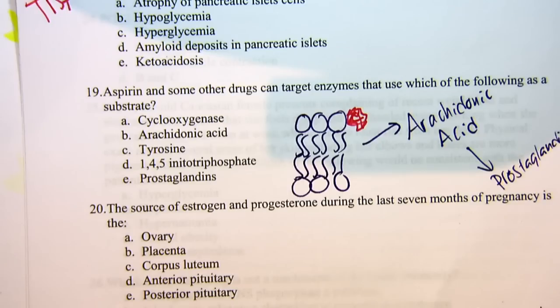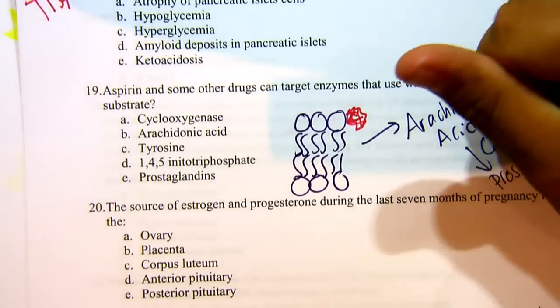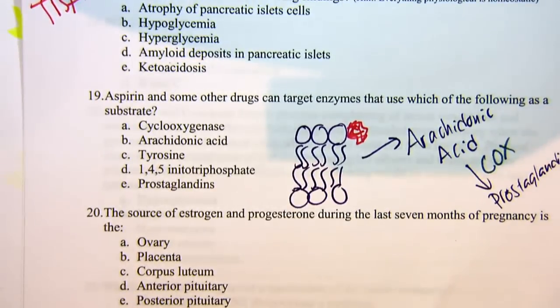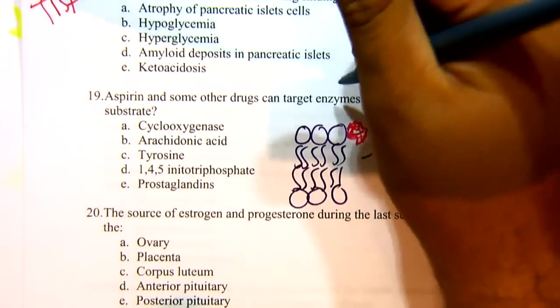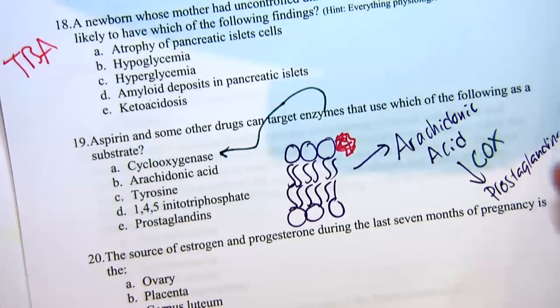The enzyme that converts arachidonic acid is our cyclooxygenase, our COX. We have COX-1 and COX-2. So the enzyme is the cyclooxygenase, but a substrate is the ligand that binds to the enzyme.